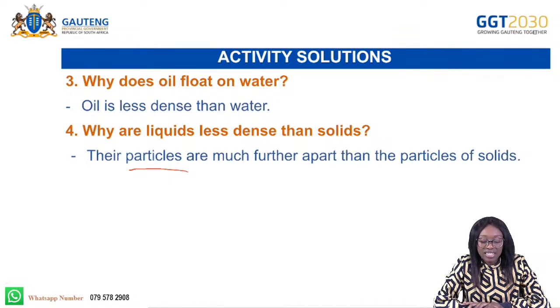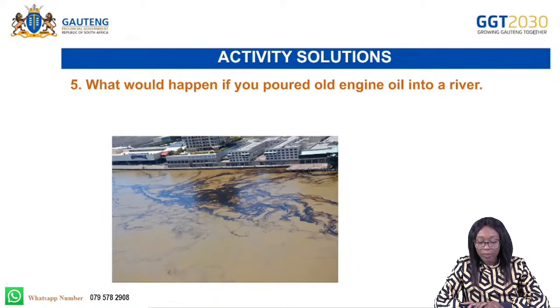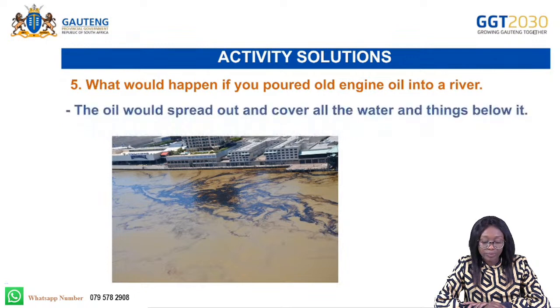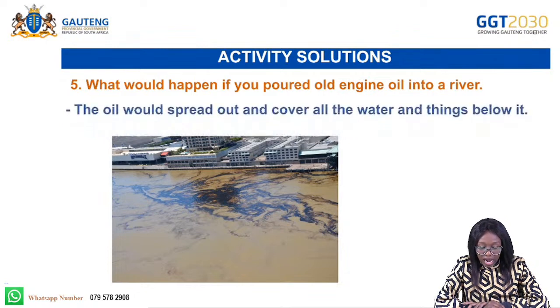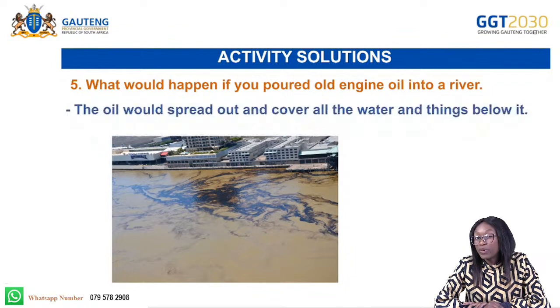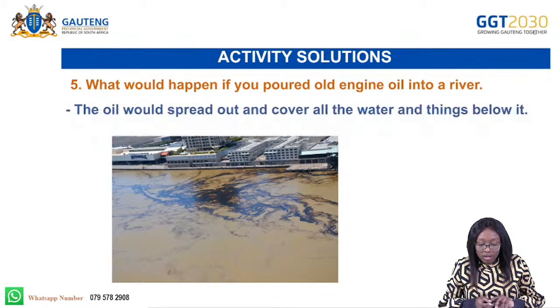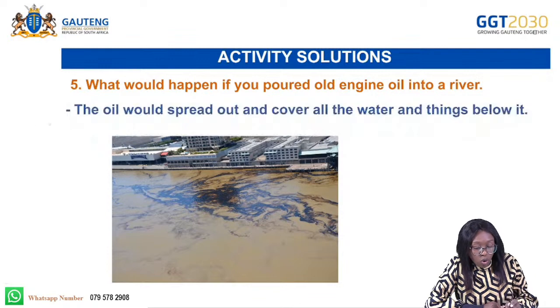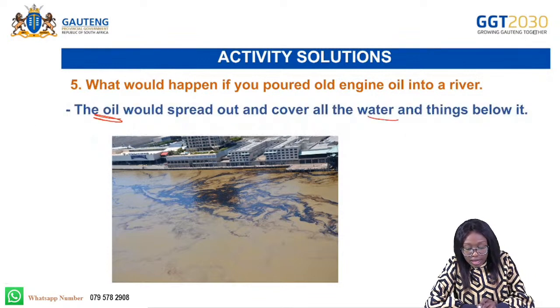Welcome back, learners. Let's answer question 5. What would happen if you poured old engine oil into a river? The oil would spread out and cover all the water and the things below it. Remember, oil is less dense than water.